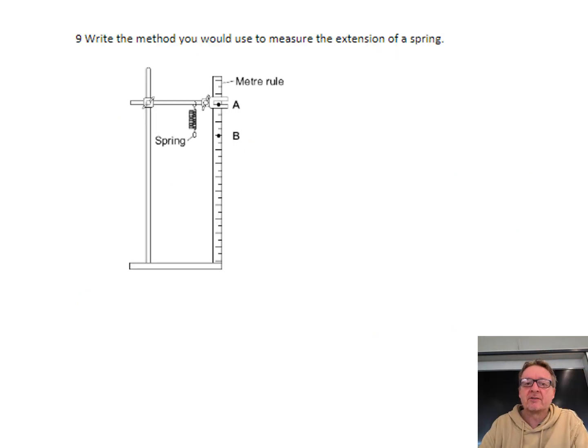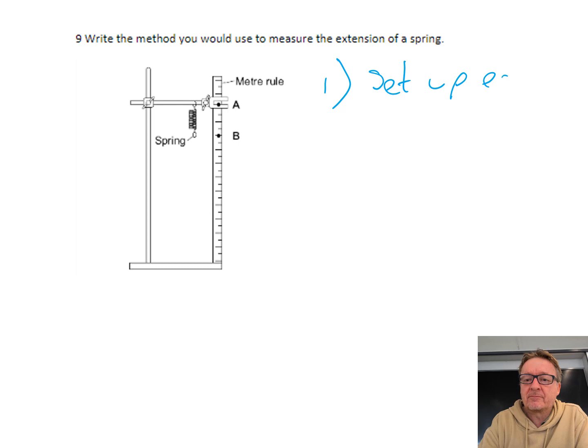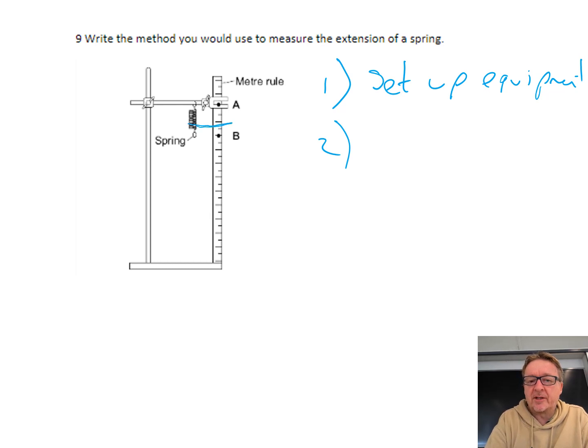Write a method you will use to measure the extension of a spring. Number 1, set up the equipment. Number 2, look at where the ruler is at that point, so you pinpoint the bottom of the spring on the ruler.